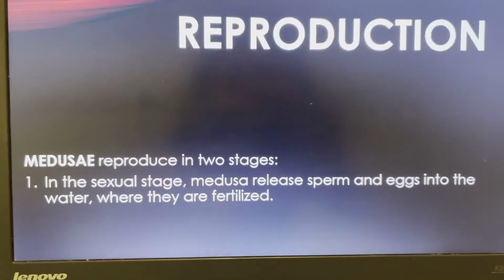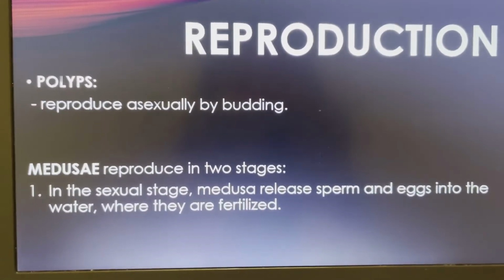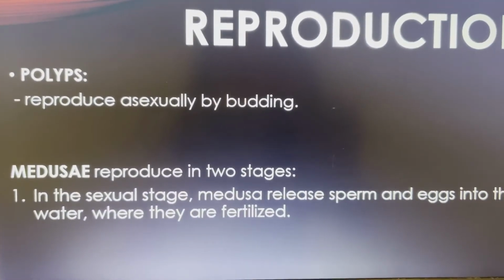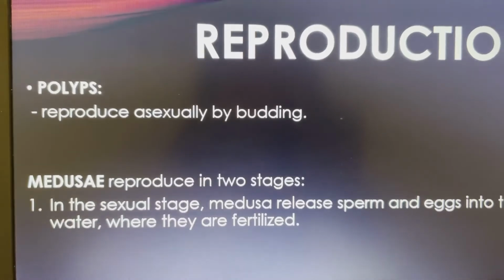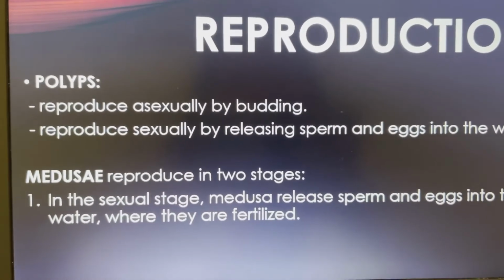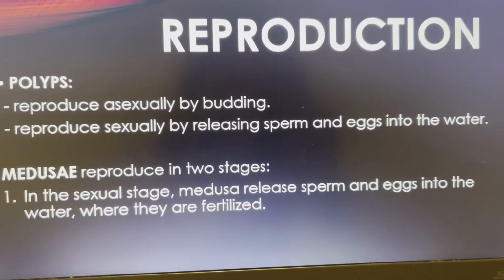Next would be the reproduction. Polyps reproduce asexually by budding. You know already asexually, no sex involved, it's just budding. They also reproduce sexually by releasing sperm and eggs into the water.